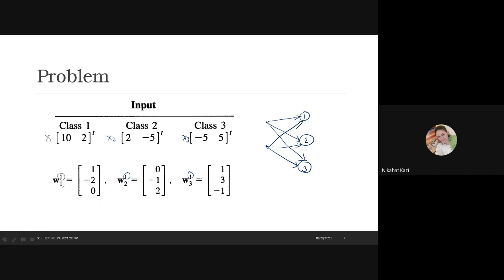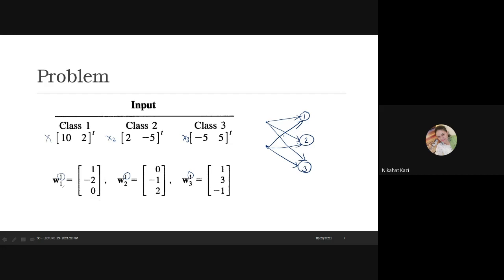One more thing that you will notice here is, since the input patterns are two-dimensional, I expect the weight vectors also to have 2 dimensions. Why are there 3 dimensions in the weight vectors? What are the weight vectors?